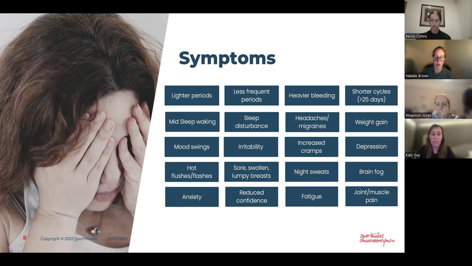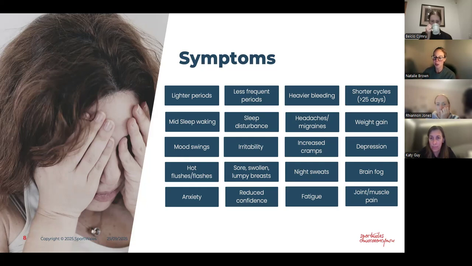Especially from a training perspective, there's potentially increased fatigue and increased joint and muscle pain, which are again highly reported symptoms. So there are a lot of negative symptoms, is probably the thing to highlight there.